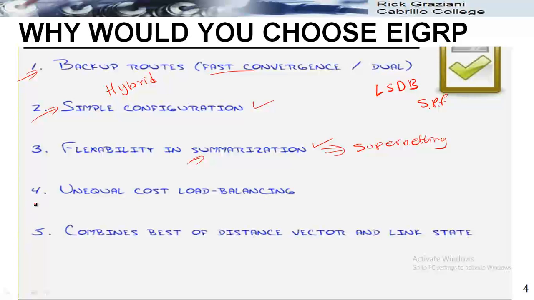So EIGRP is the only routing protocol in the world to do equal cost load balancing, meaning that, say you have the network that we have in our GNS3, and let's say that these guys are combined.